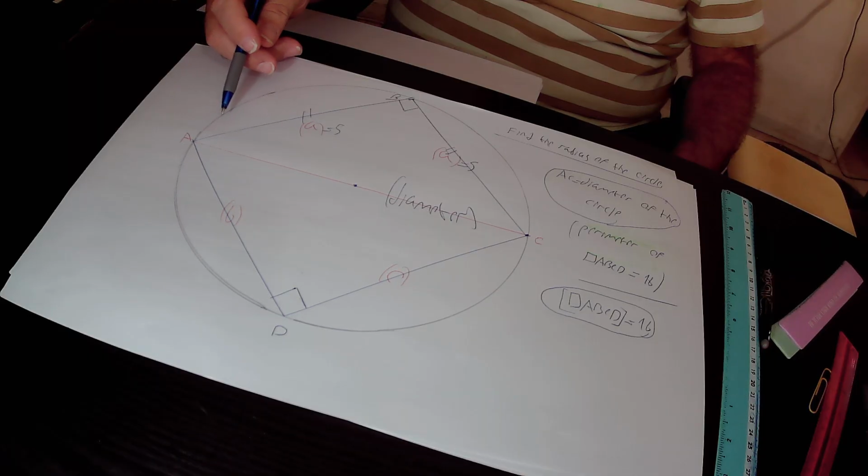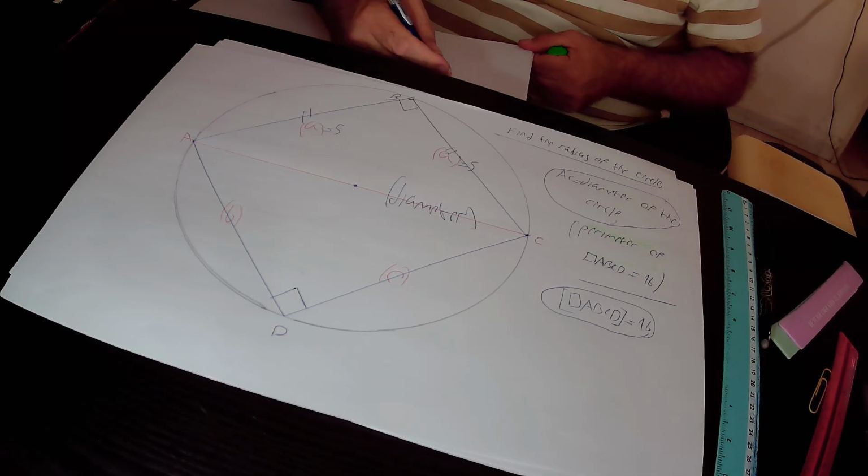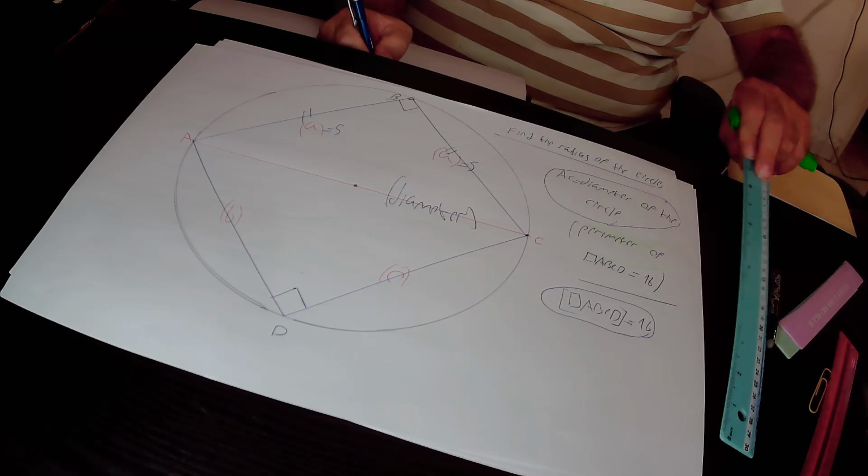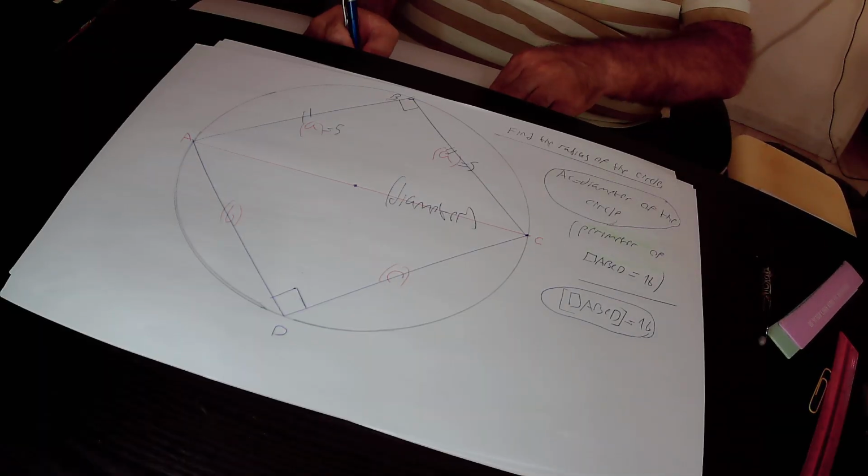So we implement the Pythagoras theorem on this right triangle ABC. Here PT is the equation for the Pythagoras theorem.